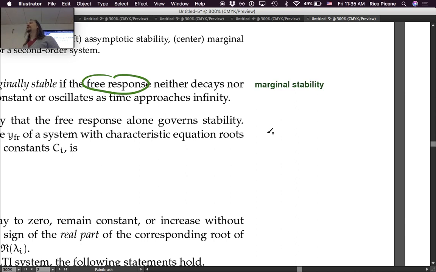The way we find the homogeneous solution is to write the characteristic equation, which is a polynomial in lambda typically, right? So if it's a second order system, it might be like lambda squared plus 49 lambda plus 2 equals 0. So we would solve for lambda 1, lambda 2. There would be two solutions.